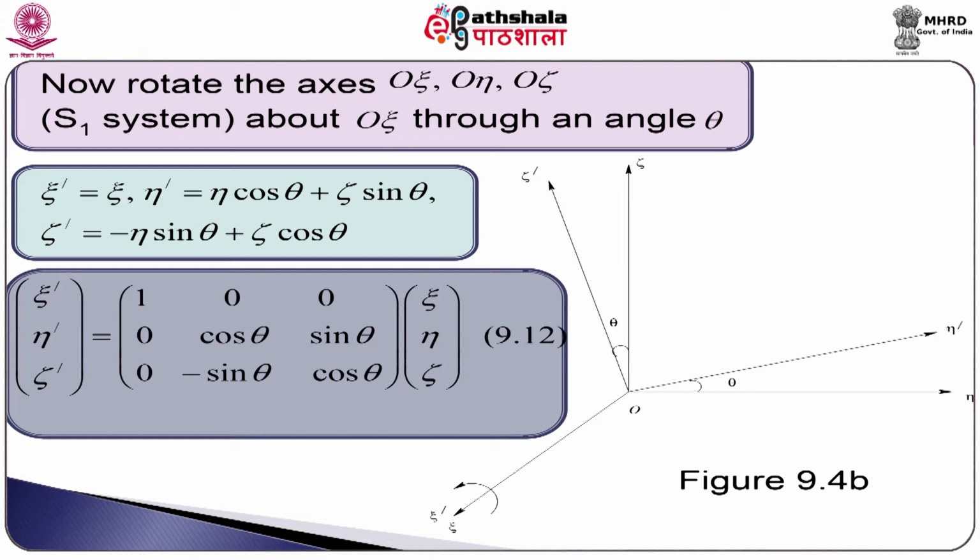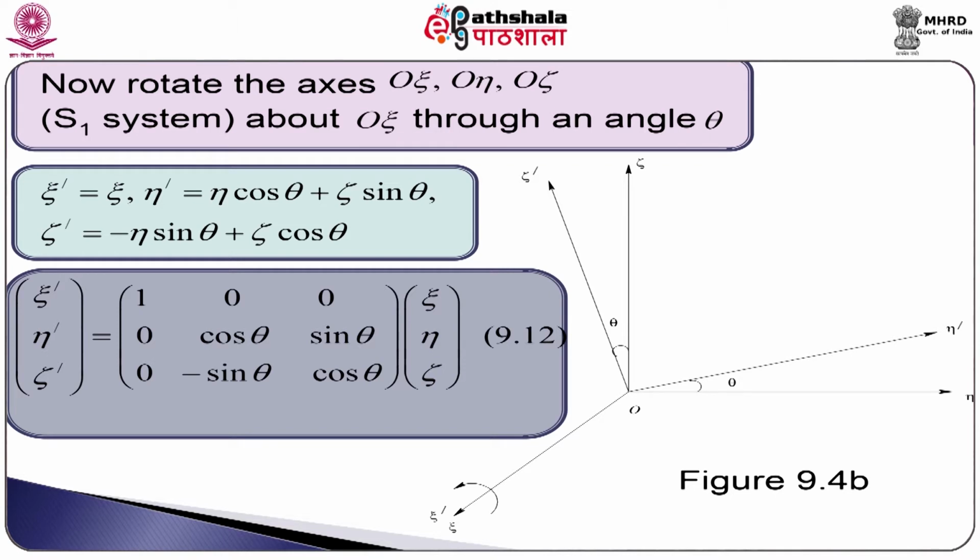Let us now again rotate the axes O xi, O eta, O zeta, which are axes of the S1 system, about O xi through an angle theta to obtain O xi dash, O eta dash, O zeta dash, which are axes of the S2 system, keeping O xi fixed. From figure 9.4b, you can find what is happening.